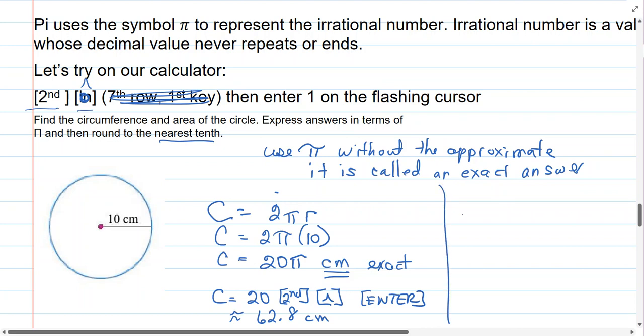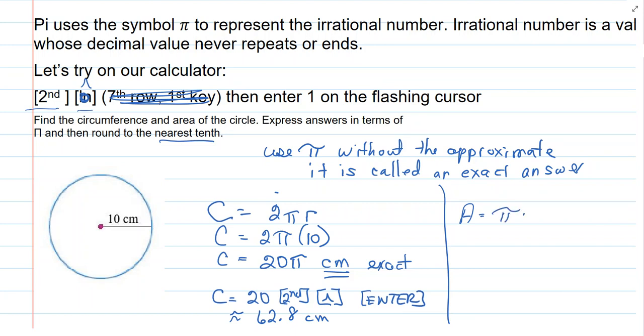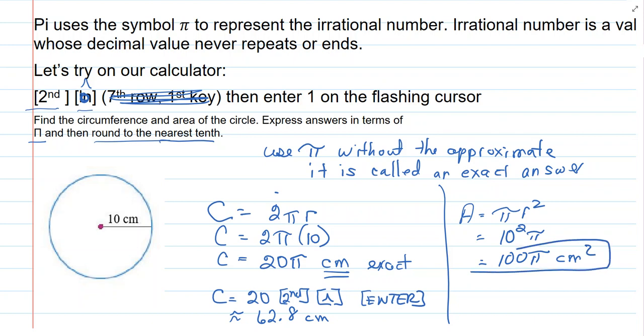Now we want area. And we have a radius given, so it's pi r squared. And it says, express the answer in terms of pi, then round to the nearest tenth. So we're going to put in 10 squared pi, and that equals 100 pi. And this is in centimeters squared. This is the exact answer.